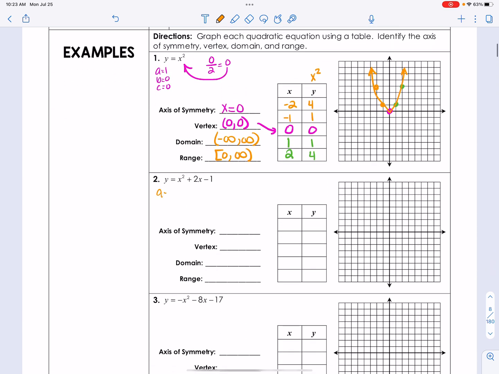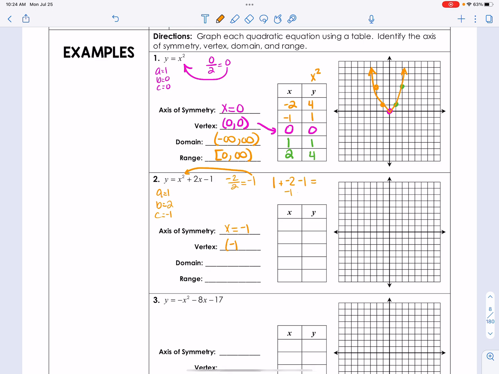So my A is 1, my B is 2, and my C is a -1. Okay, so if I do my negative B over 2A, my axis of symmetry is -1. And now I'm going to plug that into here. -1 squared is 1, plus 2 times the -1 is -2, minus 1.